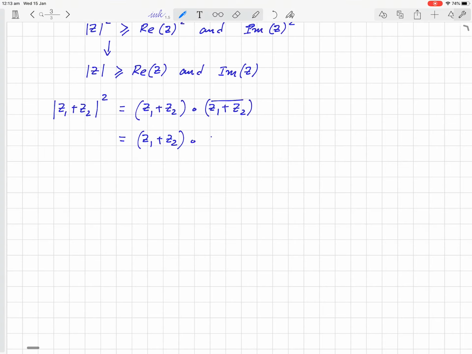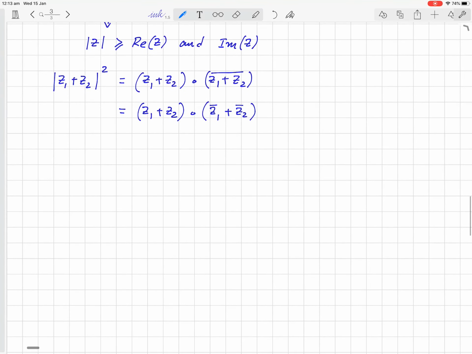The complex conjugate can be considered individually. Then we can simplify this further: z1 z1 conjugate plus z1 z2 conjugate plus z2 z1 conjugate plus z2 z2 conjugate.